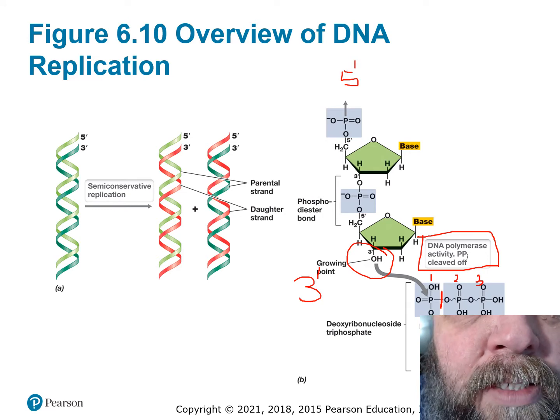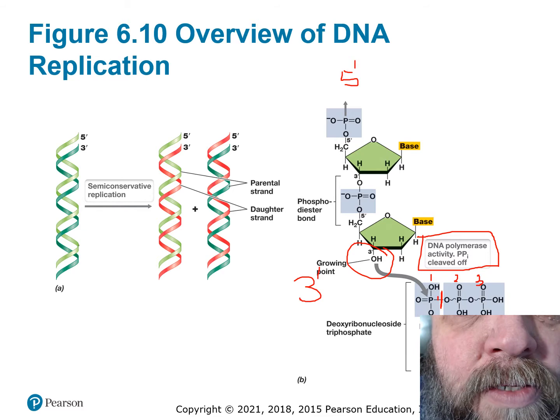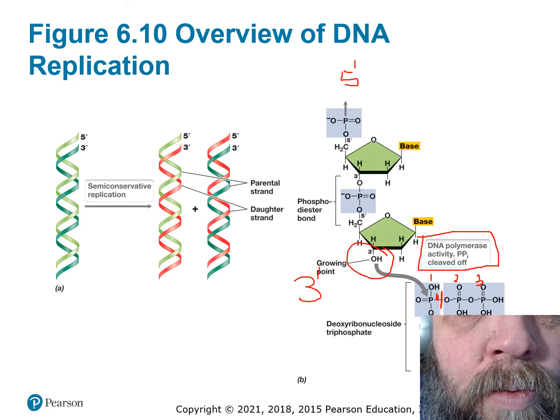The beta and the gamma are cut off, and in the process of cutting them off, there's all that energy that is going to be imbued into the reaction to have this bond reform right here.